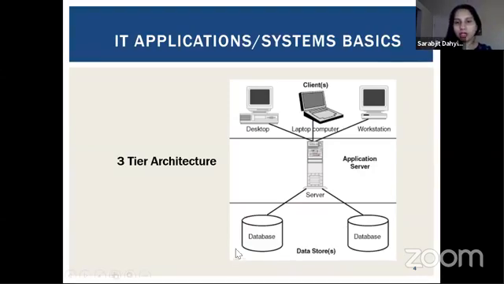So you see databases at the bottom. This is called the database layer. You see the application server over here. This is called your logical layer. And then on the top, you see the desktop, laptop, workstation. This is your presentation layer. Most of the time when you're working with your business stakeholders, they're giving you requirements from a presentation layer standpoint, meaning they're giving you requirements on what they need to see on the screen or what needs to happen.